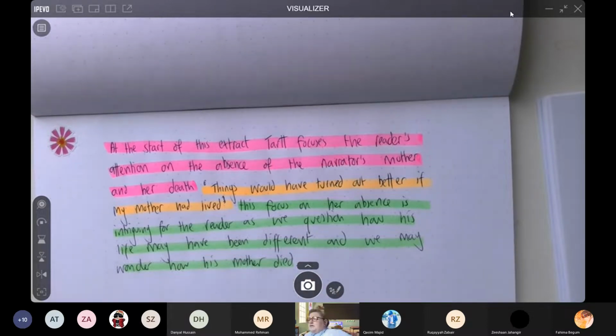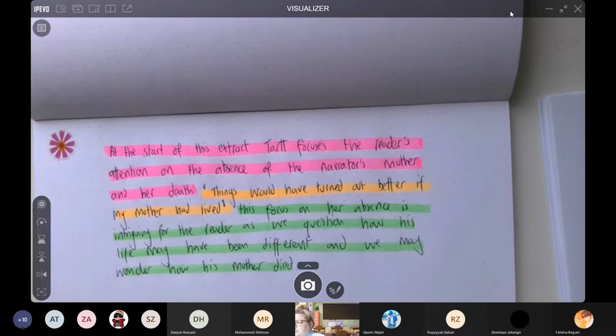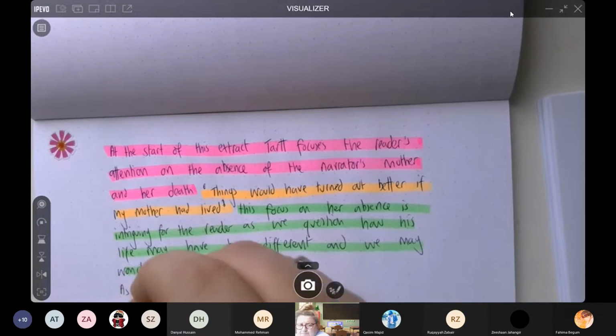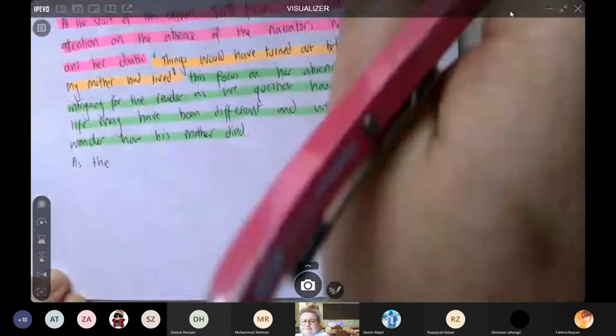The second part of answering it is that we link those ideas together. And so to do that, we need to really explore that idea. So we may then say, let me just move that up for you.